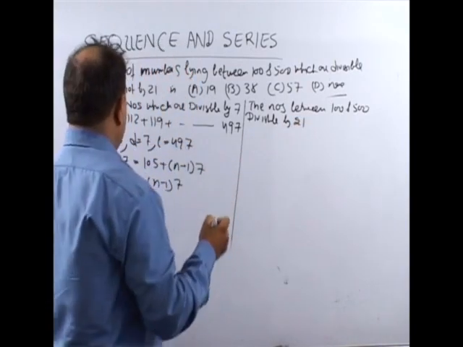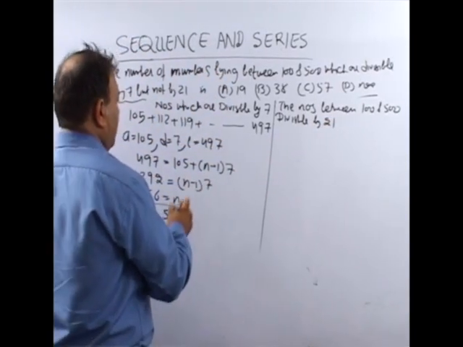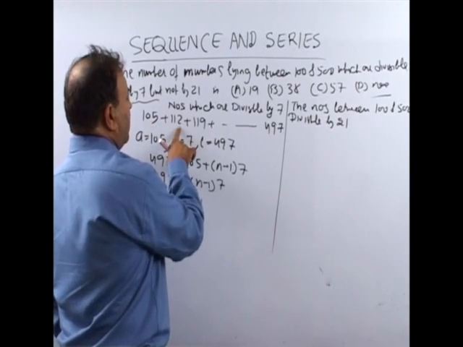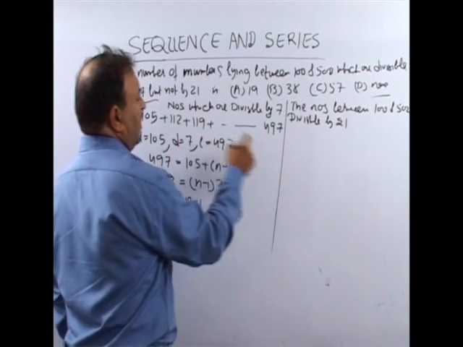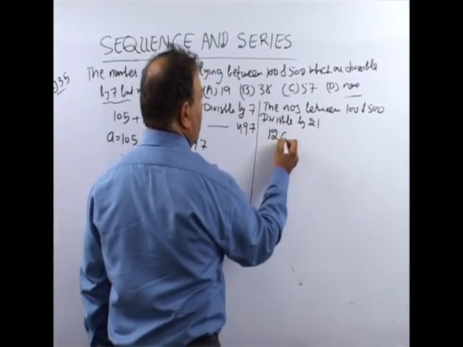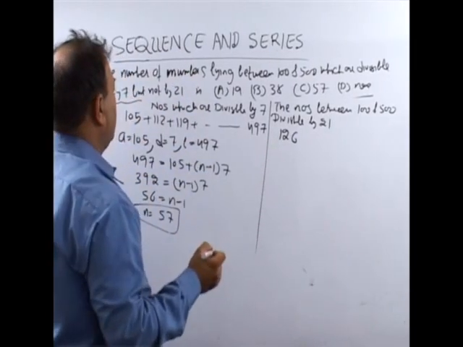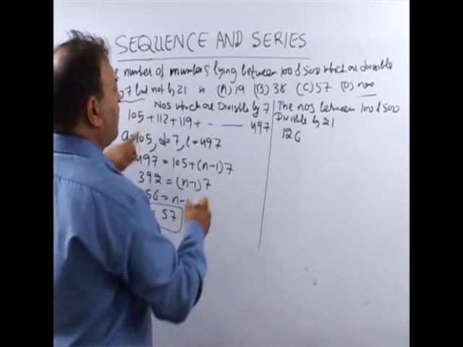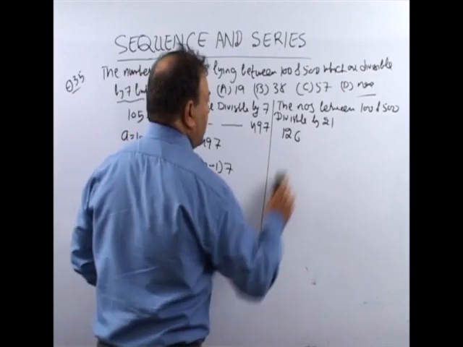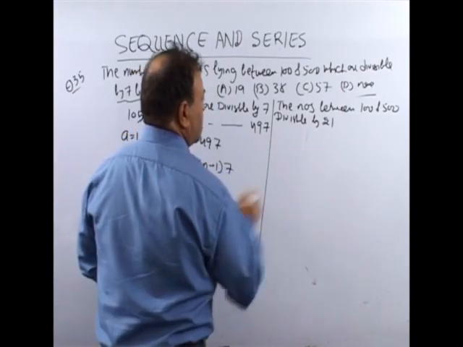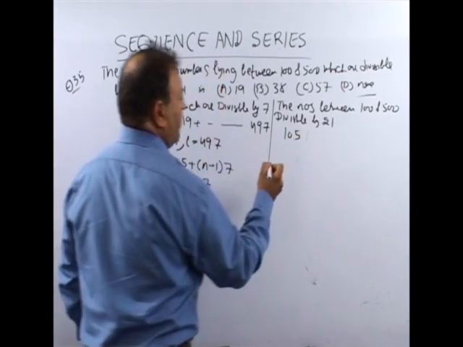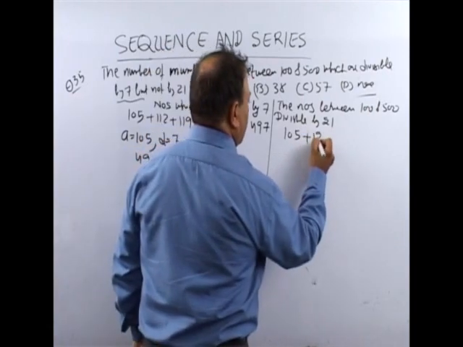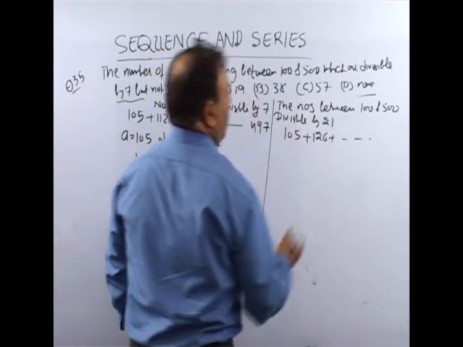The first number divisible by 21 is 105, then next it comes out to be 126, and it goes on like this.